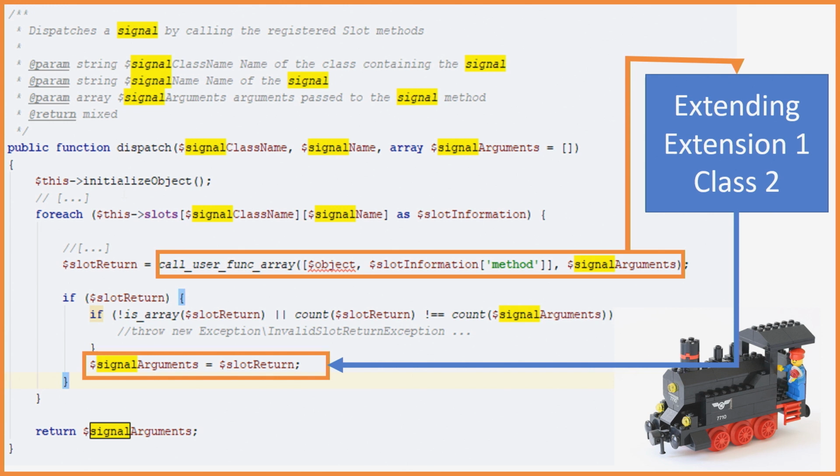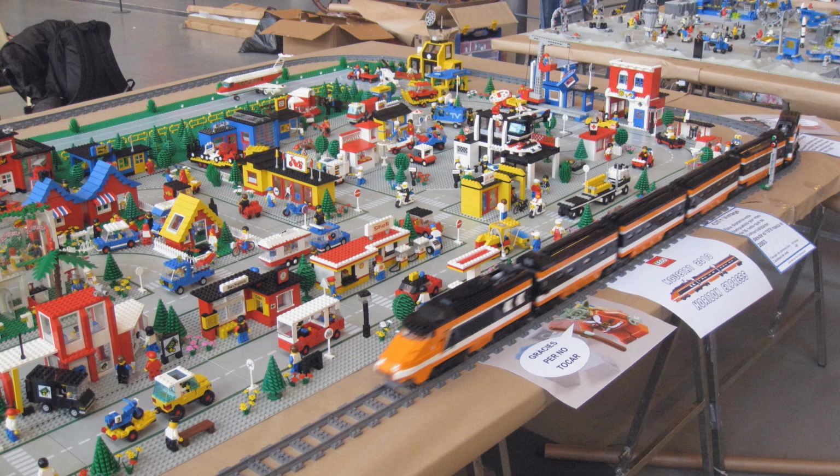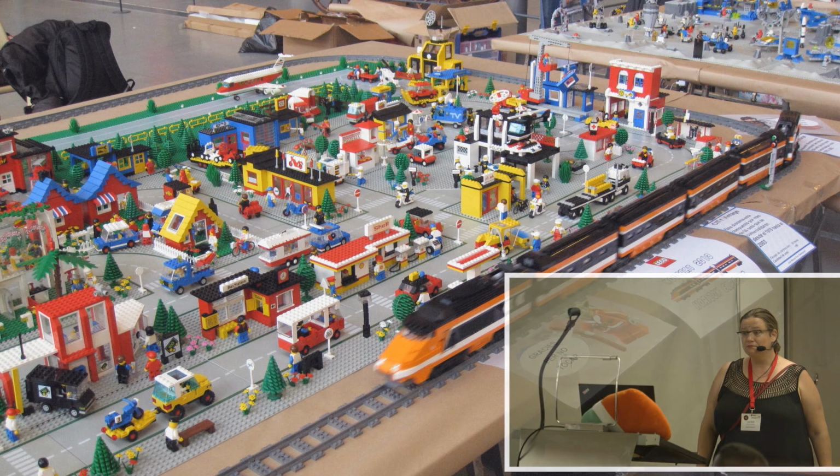We are catching the return value, and if the return value is valid, and being valid means it's an array and the element count is correct, then it will be passed on as the next signal arguments. So in the real world, of course, it looks more like this.